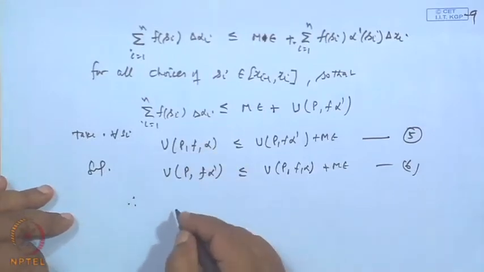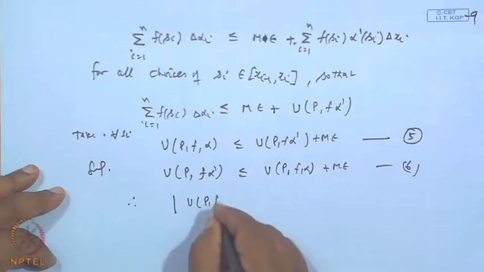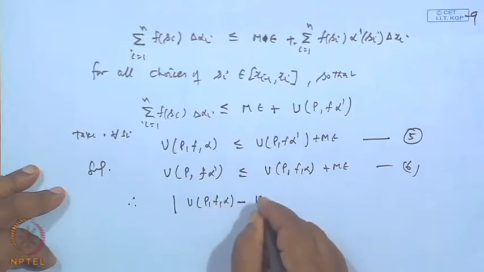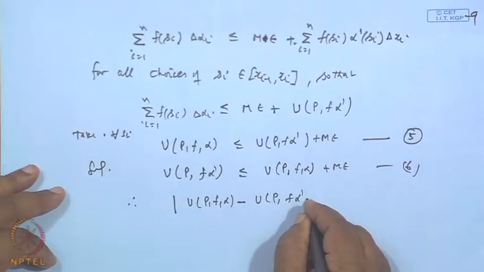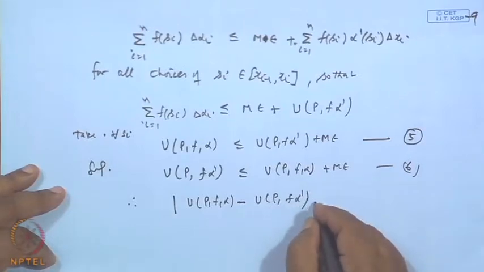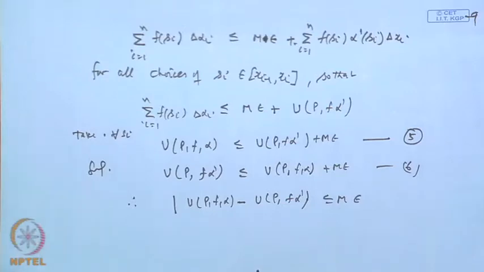Therefore, the difference, upper sum of P f alpha minus upper sum of P f alpha dash, is less than or equal to m epsilon. Okay. Clear?